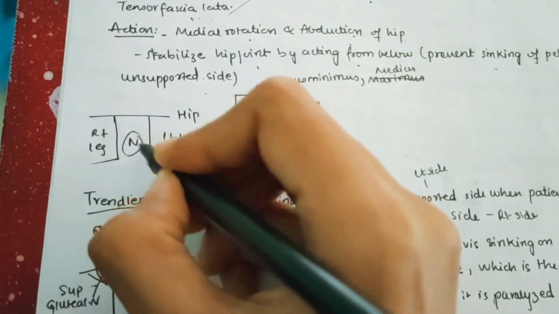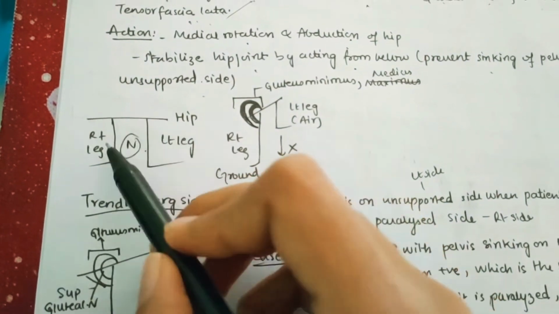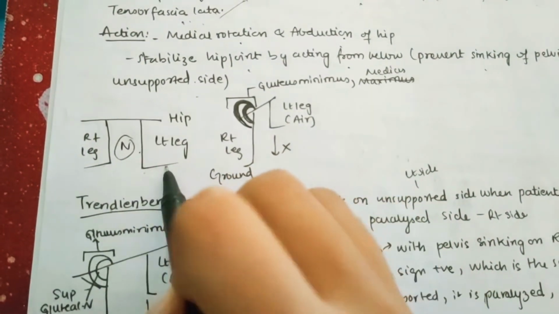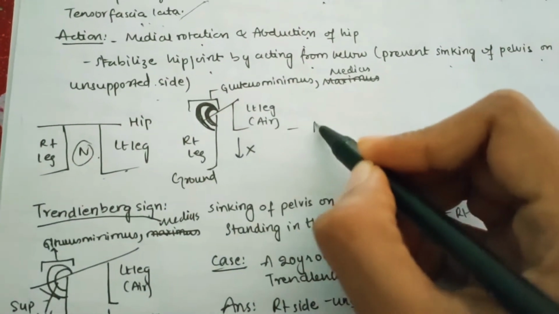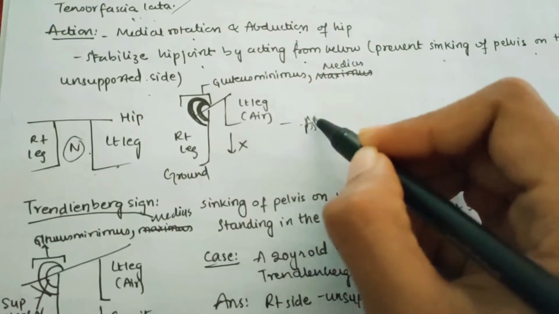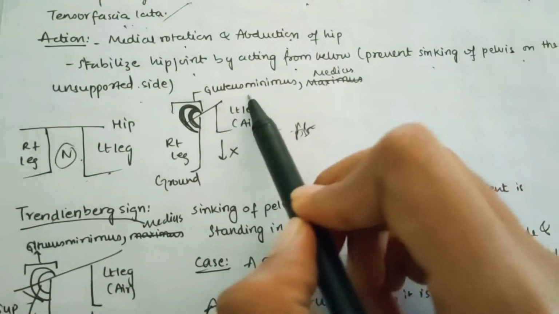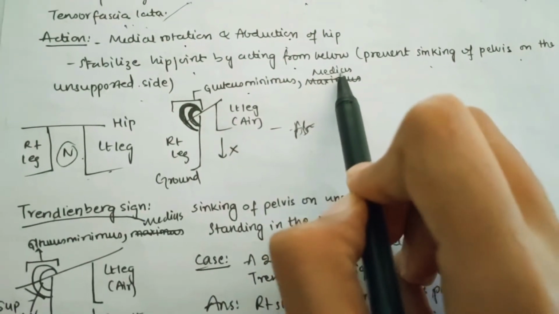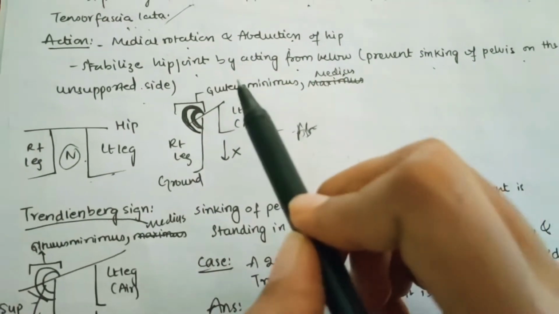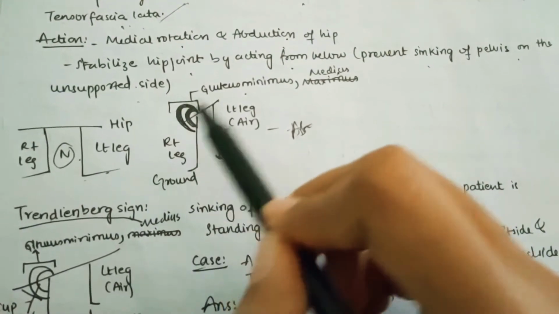For this we need to understand this diagram. In a normal person, this is the hip, this is the right leg, and this is the left leg. This is an abnormal person where there is a problem with the superior gluteal nerve, because I already said the gluteus minimus and gluteus medius muscles are supplied by the superior gluteal nerve.